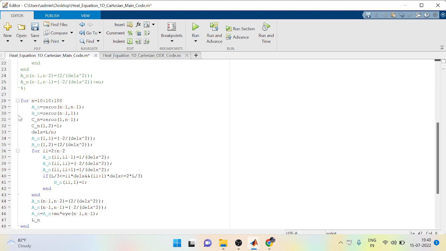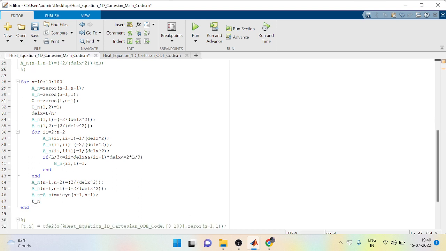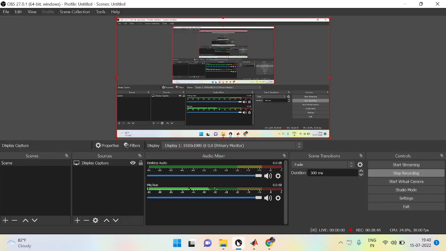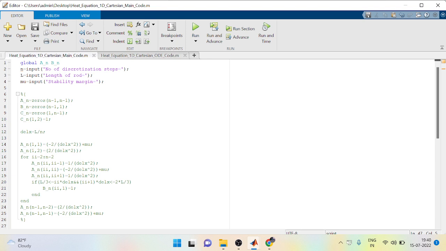L_n. Okay, I'll teach the optimization problem next week. Today we have simulated the finite difference method. I'll try to do some quadratic optimization on this with the underlying dynamics of the parabolic heat equation, and then I'll just continue.